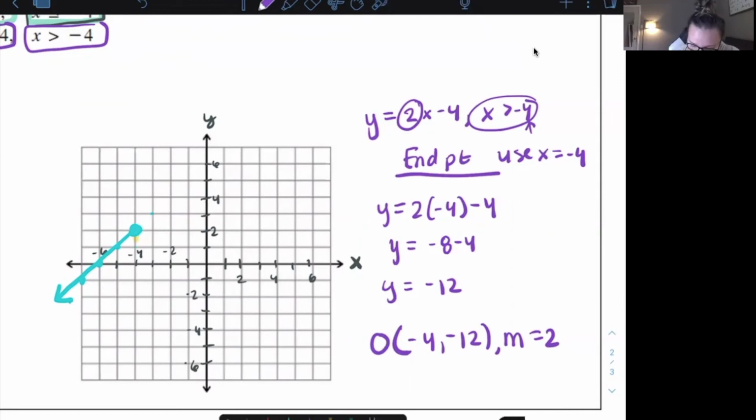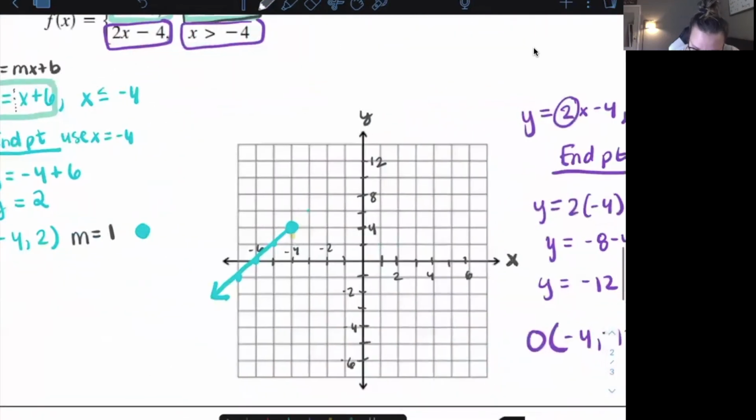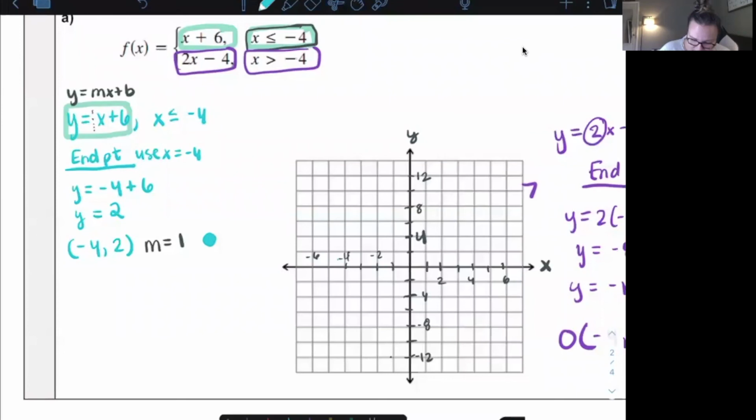Okay, well, first of all, it looks like I need to count differently here. Let's count by 2s. So 2, 4, 6, 8, 10, 12, which means this point, -4, 2, needs to move down 1. Sorry, guys, I didn't go up high enough. All right, so -4, 2 is here.